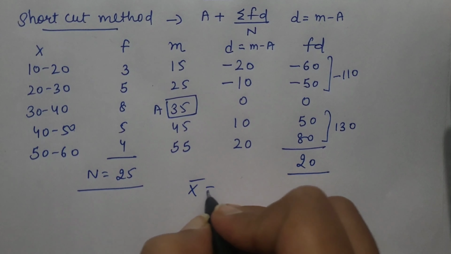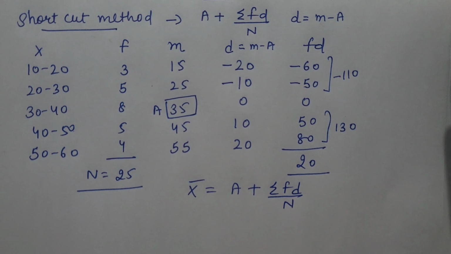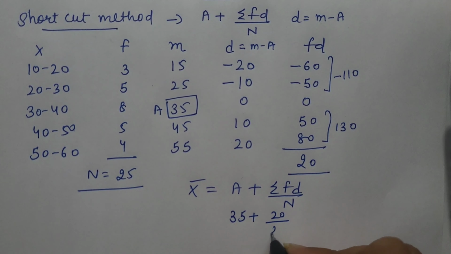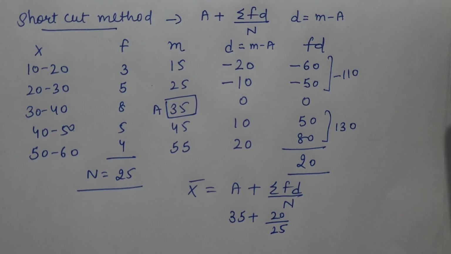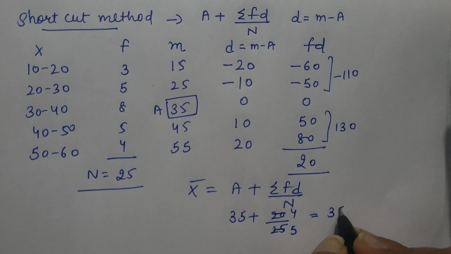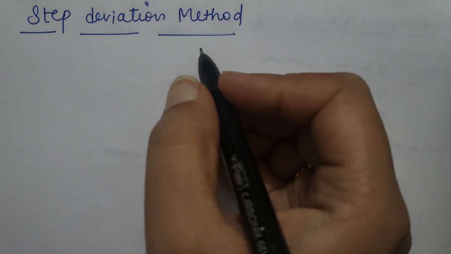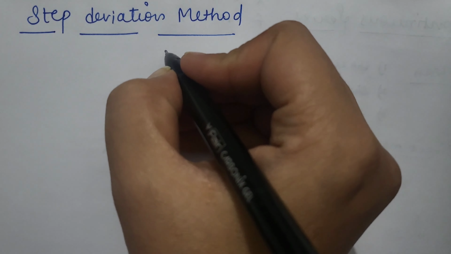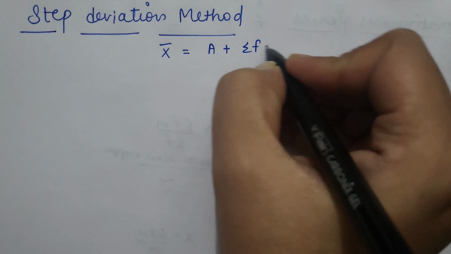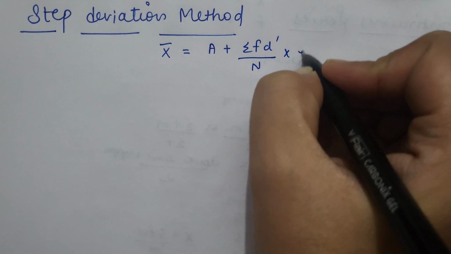As per the formula, mean is a plus summation fd upon n. a is 35 plus 20 divided by 25, which would be 4/5. The answer is 35.8.